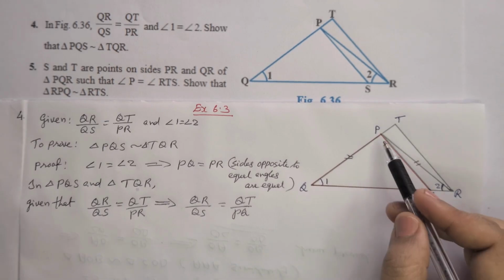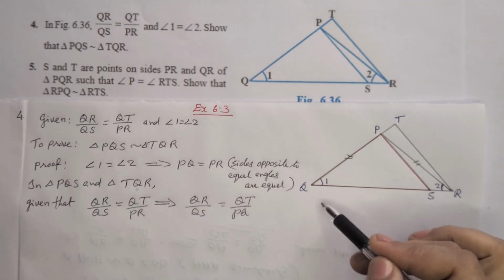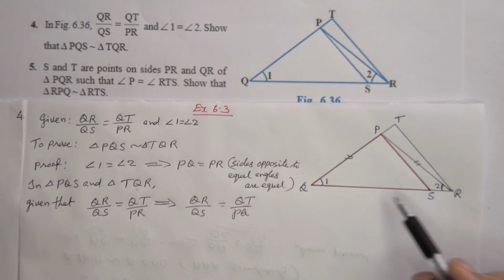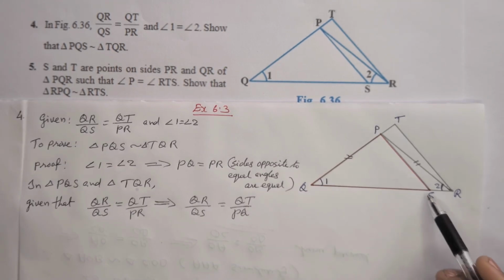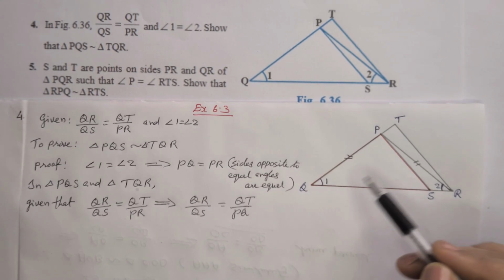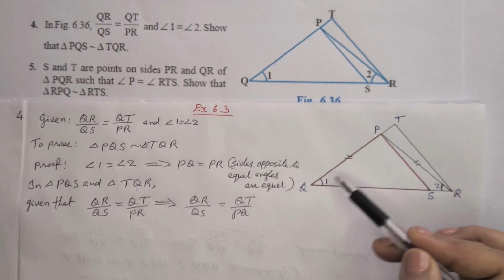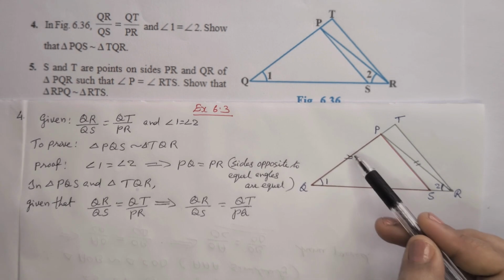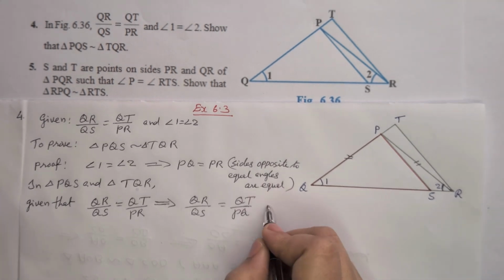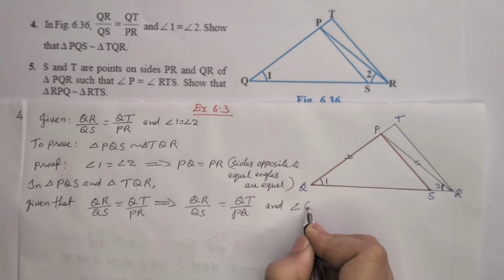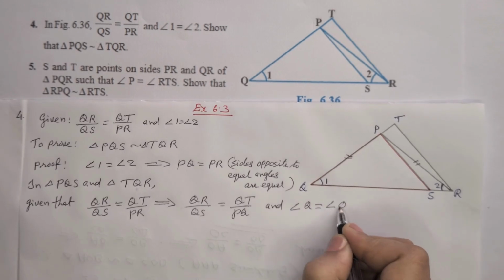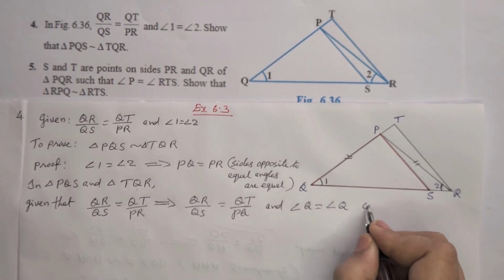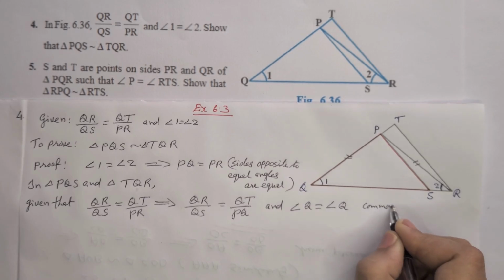Now when we compare these two triangles, PQS and TQR, we can see QR by QS, the bigger triangle's side by the smaller triangle's side, then QT, the bigger one, by QP or PQ. So two sides are in proportion, and angle Q is equal to angle Q. Both the triangles have a common angle.